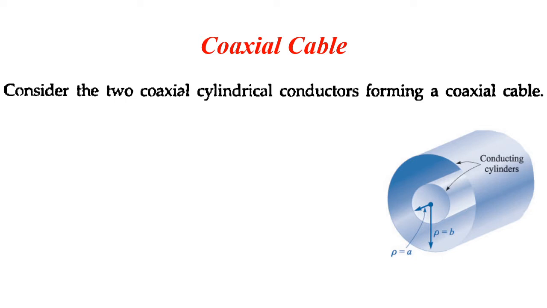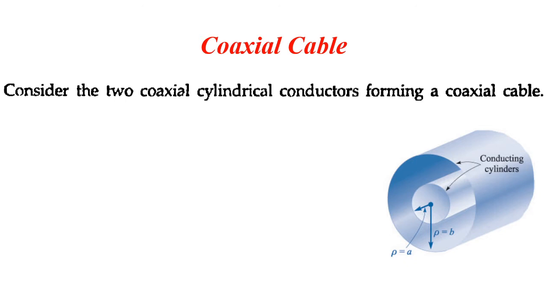If you see the probe, we will have an inner conductor which is solid at the middle. Surrounding it, we will have a negative conductor, that is the next outer conductor. So the center is the positive and surrounding it is the negative. Both will be in the shape of a cylinder.